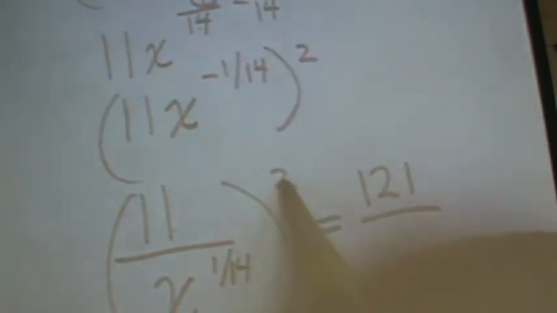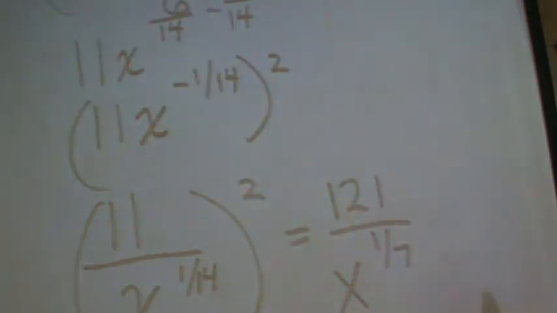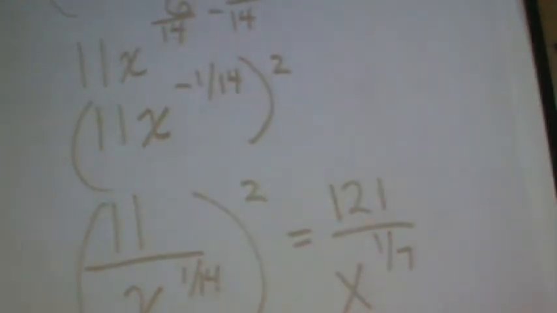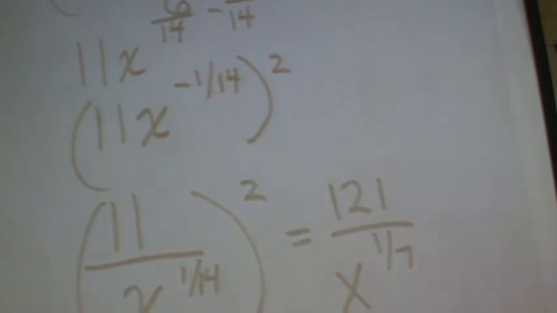Whoops, 1/14. Square it. So if you square this, you get 121. And then if you square this, you're going to multiply this by 2. You get x. 2 goes into 14 7 times. So you get x to the 1/7. So 1/14 times 2, that's where the 7 comes from.